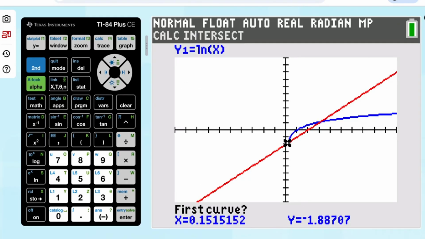And we will hopefully be close enough here to find this intersection point. Just hit enter a couple times there. And it looks like our intersection point is at 0.1585943.